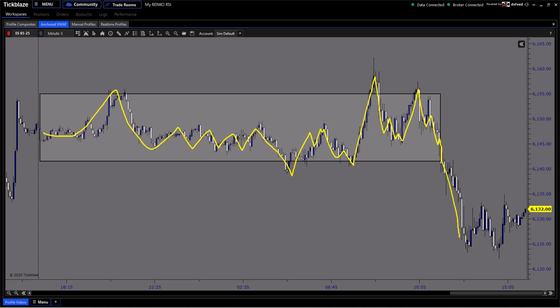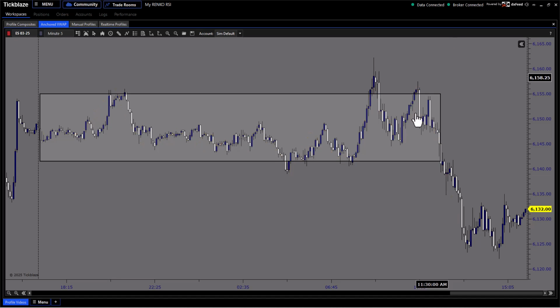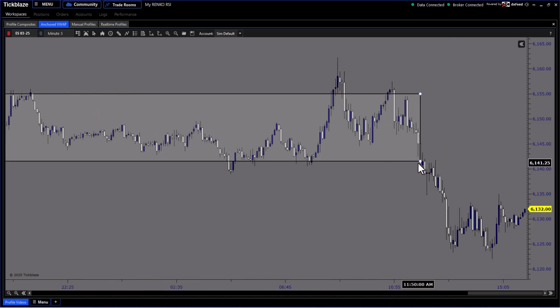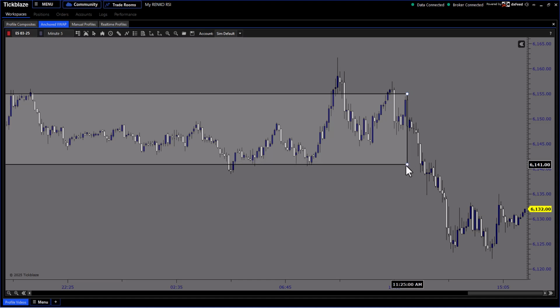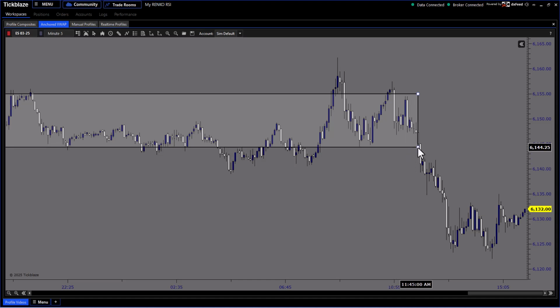If you look at where it truly took out the floor, it took out the floor essentially right here. This was the floor, and you can see there were many touches here, here, we came back down, here, here, came back down. There's a floor here.